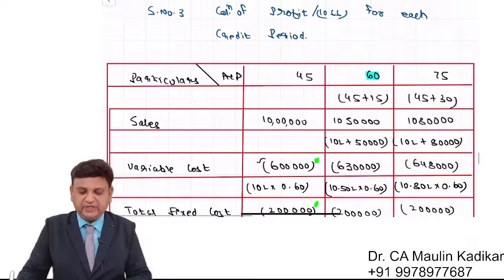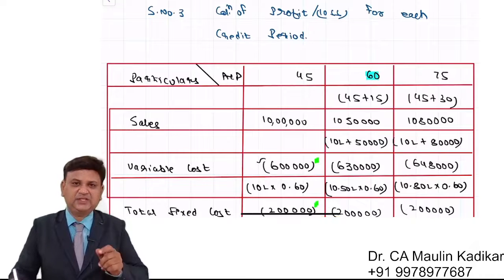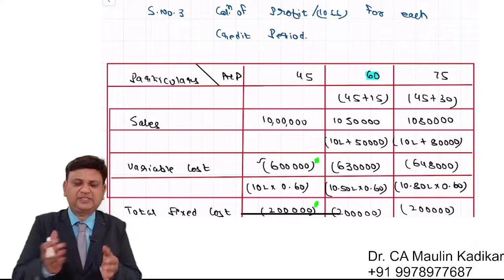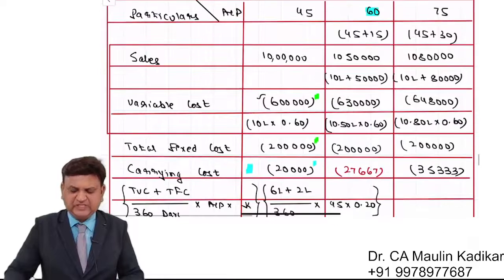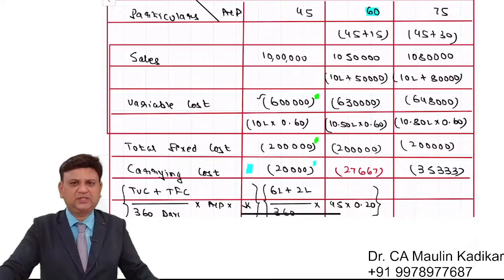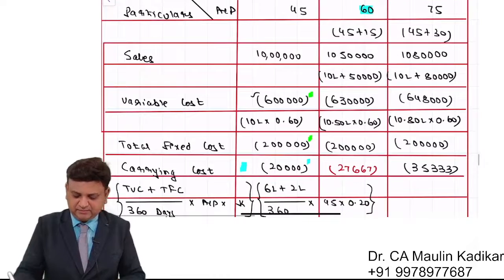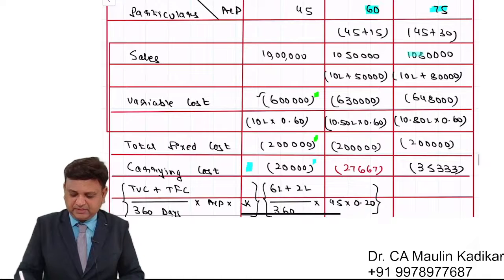One more point that I want to explain you. Friends, in case of 45, 60 and 75, which credit period has maximum sales? Can you write in the chat box? It is 75 days. It has the maximum sales.